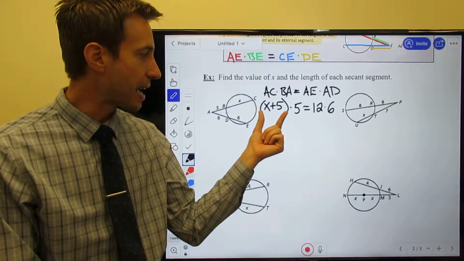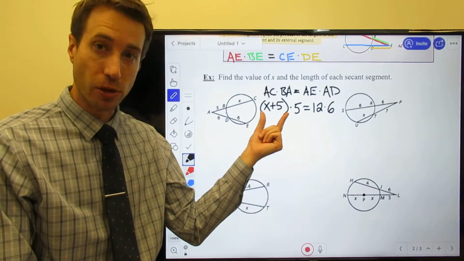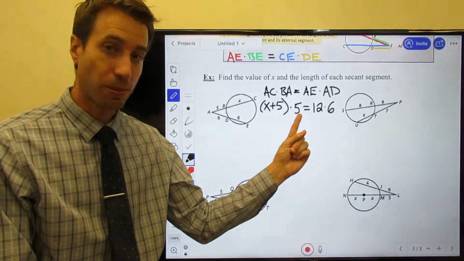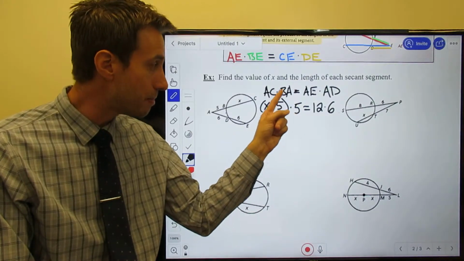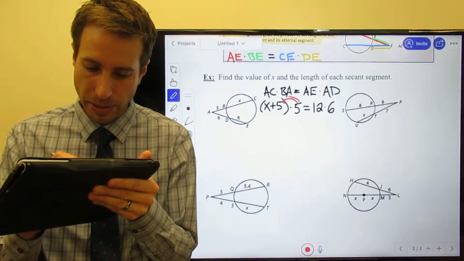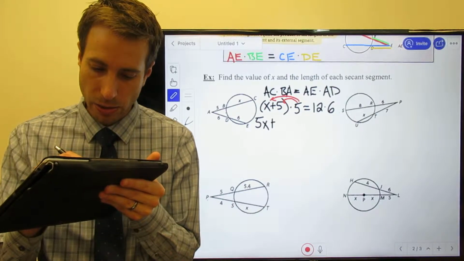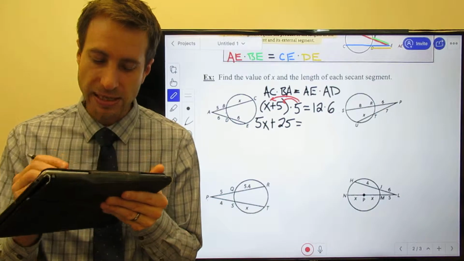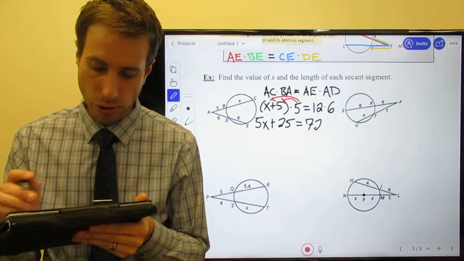I have a polynomial here, multiplied by a constant. You will need to remember to distribute the constant through the polynomial. This is a big old distributive property. We wind up with 5x plus 25 is equal to 12 times 6, which of course is 72.